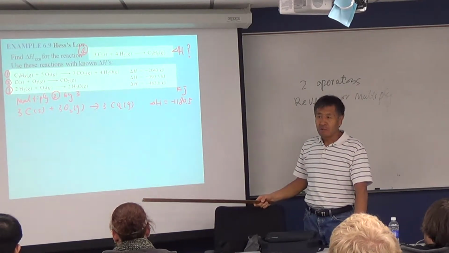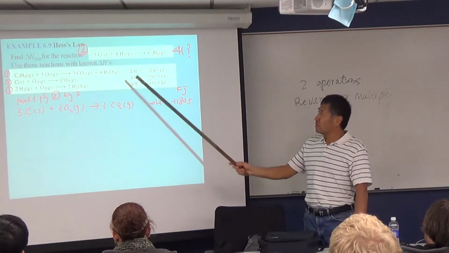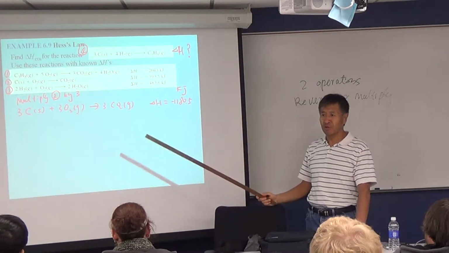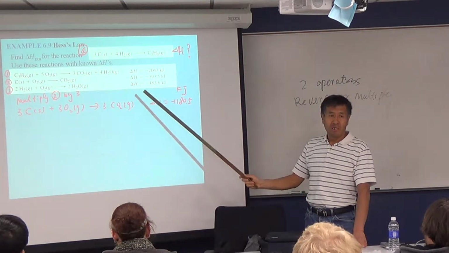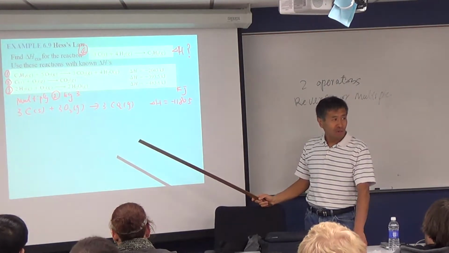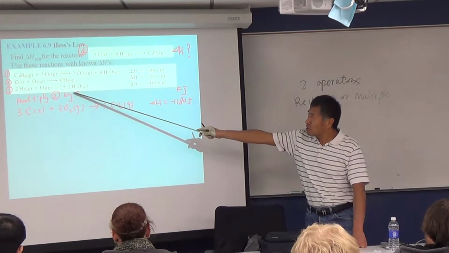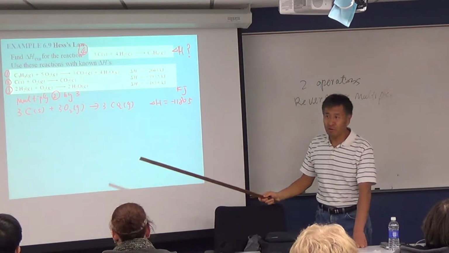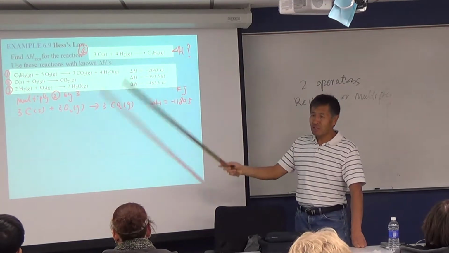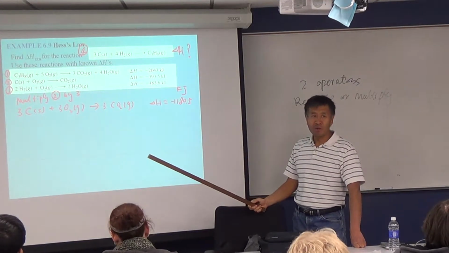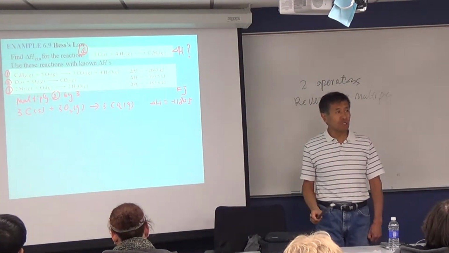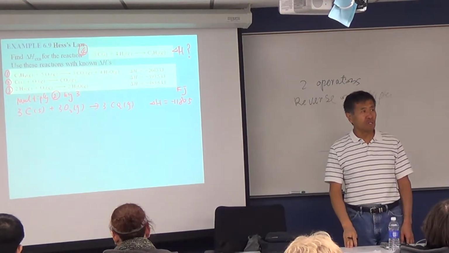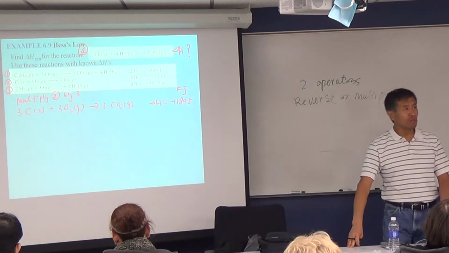And the H2 should be on which side, the left side of the arrow or the right side? On the left side, and equation 3 has it on the left side. What do you think we should do to get the same side and same number? How many H2 do we need? 4. And how many H2 does equation 3 give us? 2. So therefore, what do we do?